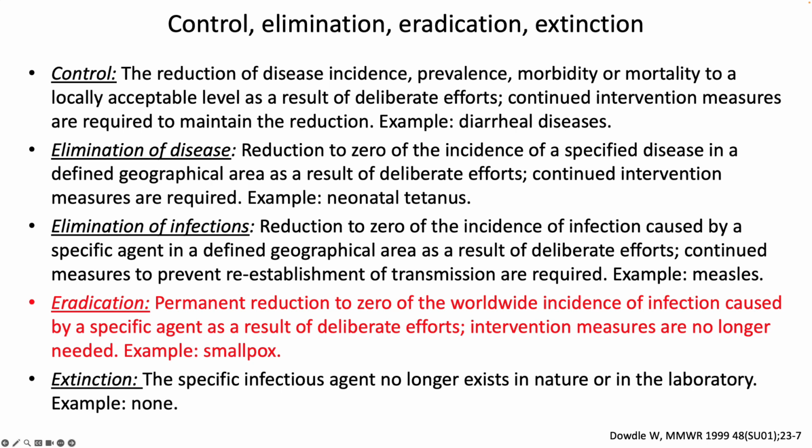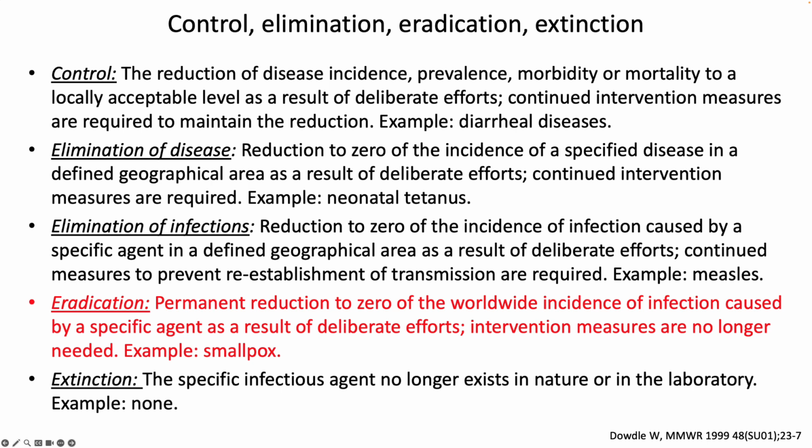Here also, continued intervention measures are required to keep it reduced. And the example here that you can think of is neonatal tetanus, where disease elimination occurs through maternal immunization, clean birth practices, and health education to improve umbilical cord care.